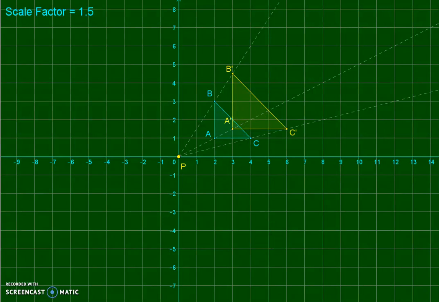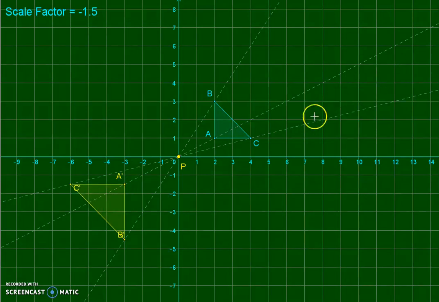Alright. Let's see what happens when the scale factor becomes negative. If we go down smaller and smaller and then we go negative, you see that the figure moves away but in the opposite direction. And so here we have a number that's greater than -1 in magnitude. So this is an enlargement, but it's enlarged in the negative direction, so the figure is basically flipped.